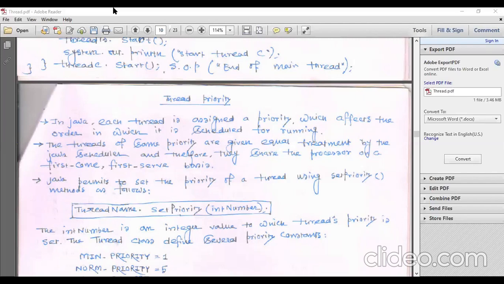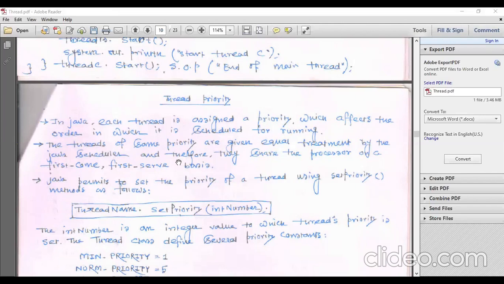When another thread comes into the picture, say it has the max priority, definitely the norm priority thread or the lower priority thread gives the processor to the higher priority thread. So definitely the priority affects the order in which it is scheduled.